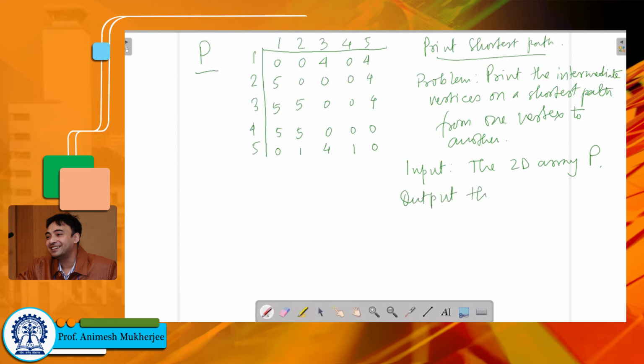Output is the intermediate vertices, of course. So along with the 2D array P, the source and target vertices, let's call them VQ and VR.